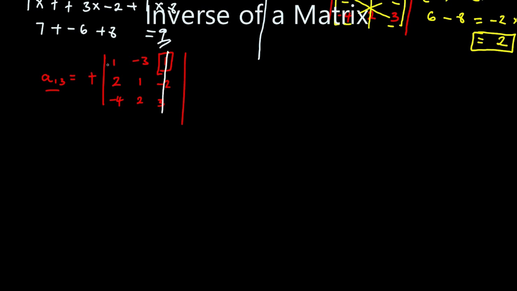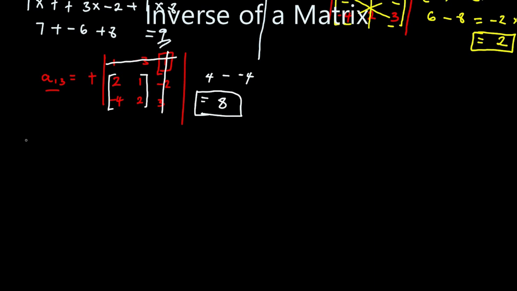So we close this row, we close this column, we remain with this smaller matrix here, and we calculate the determinant. So we have 2 times 2, which is 4, minus 4 times 1, which is minus 4. So 4 minus minus 4 is 8, and the sign is positive, so 8 times a positive will remain the same. So we have this element 8 as the element in A13.